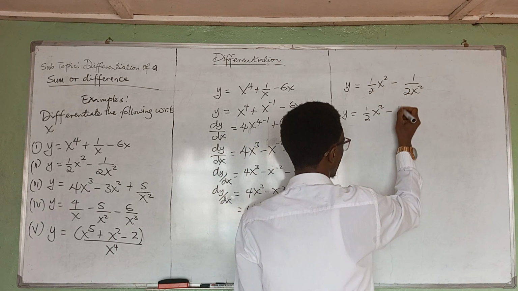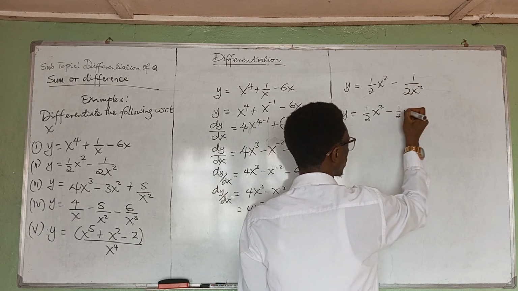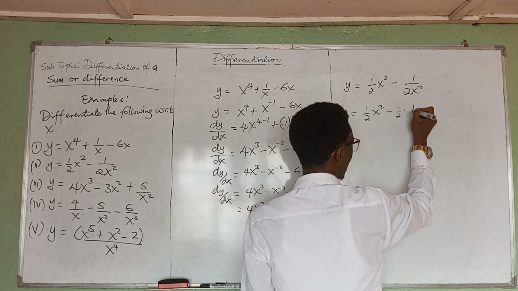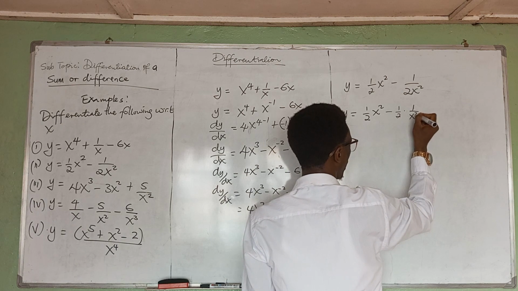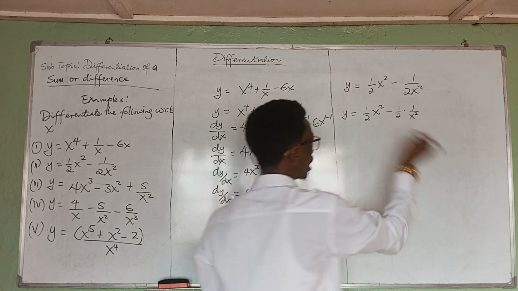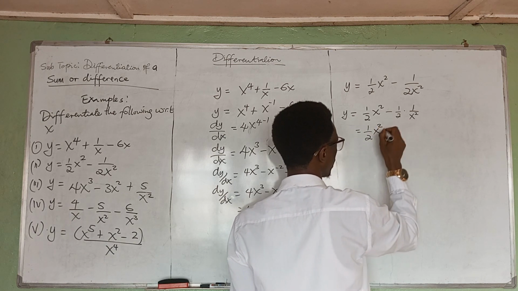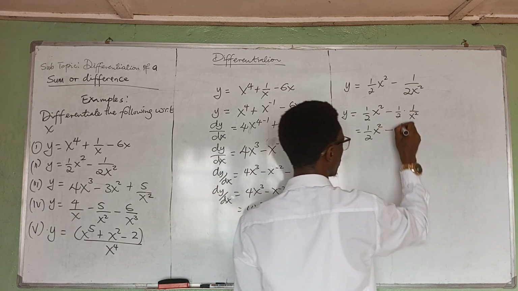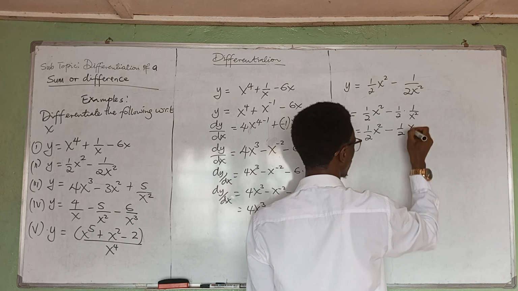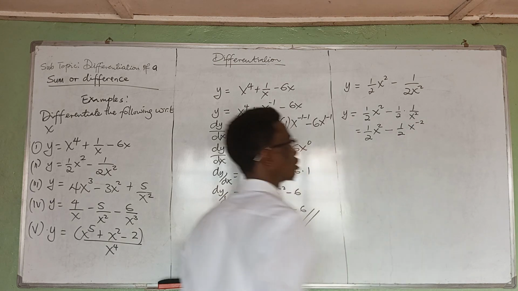So again, you have to change that: minus half multiplied by 1 over x squared. So now if I change that, that becomes half. I'm not differentiating, I'm just trying to change everything. So this becomes half, and if I'm taking this off, becomes minus 2.